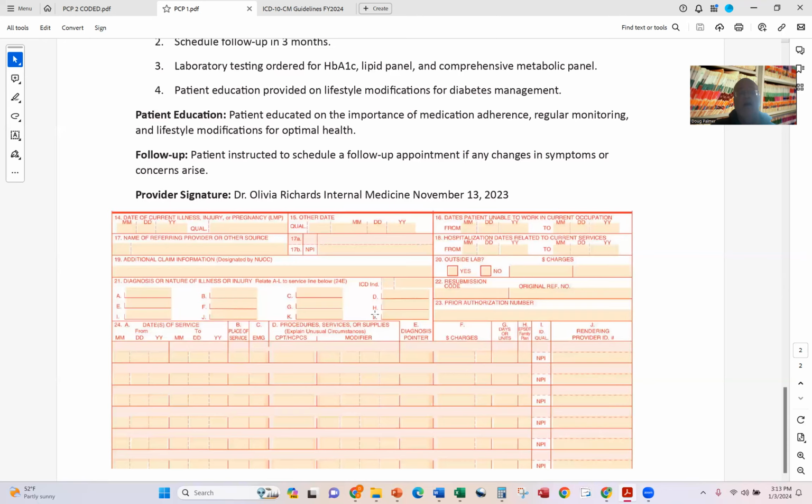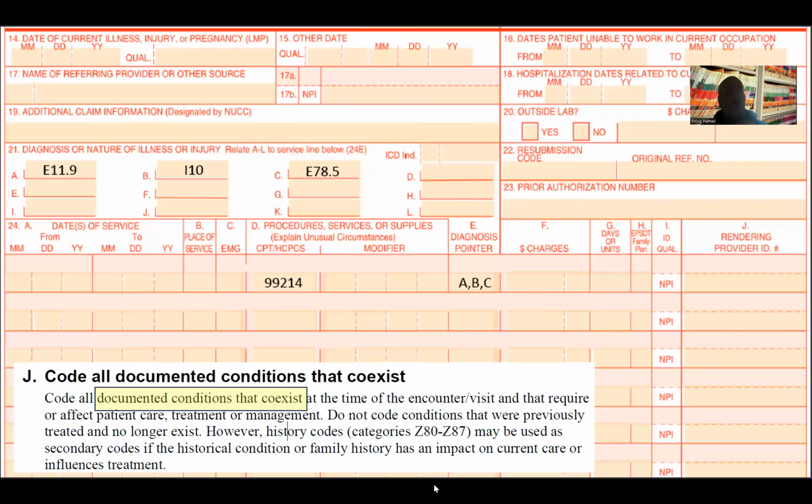So we're going to see how our coding would fill in a standard 1500 form. Okay, so let's take a look at that. And so, just a reminder for all medical coders: code all documented conditions that coexist.